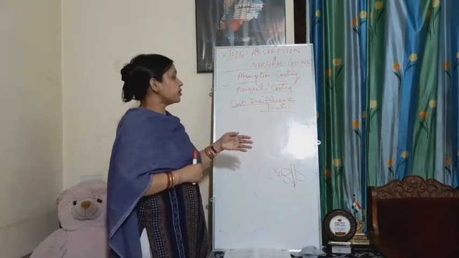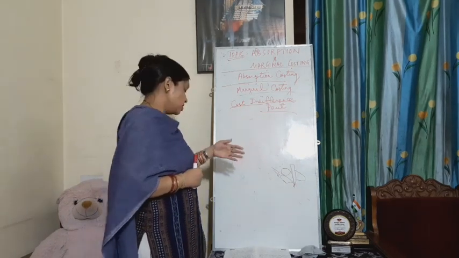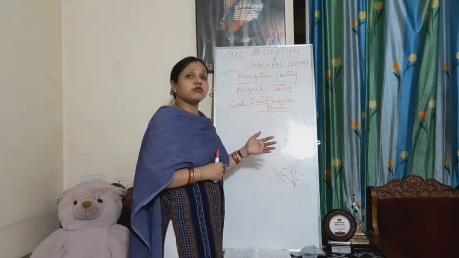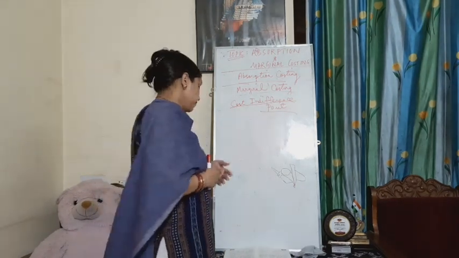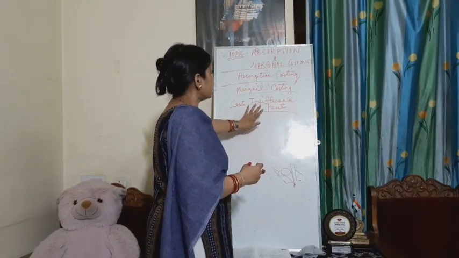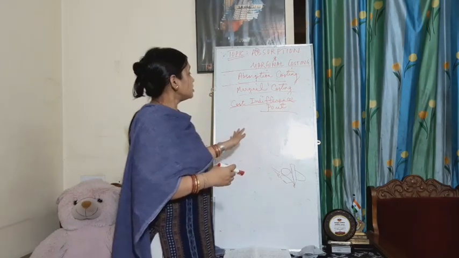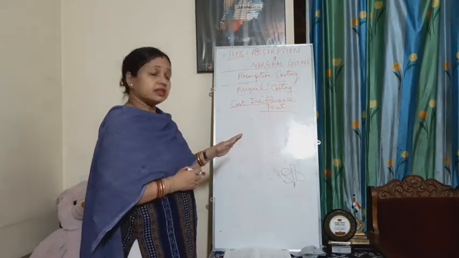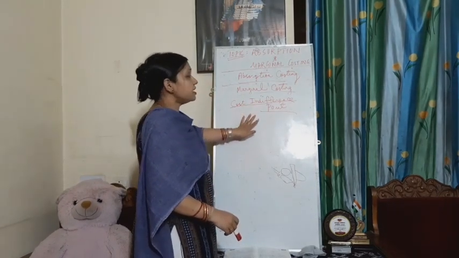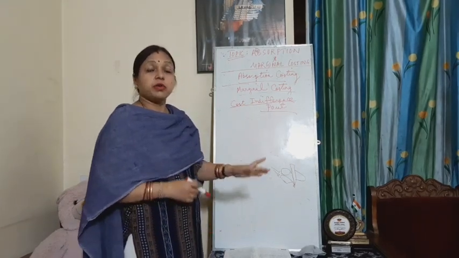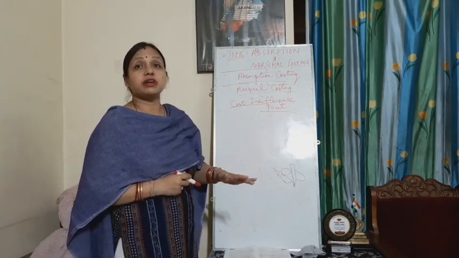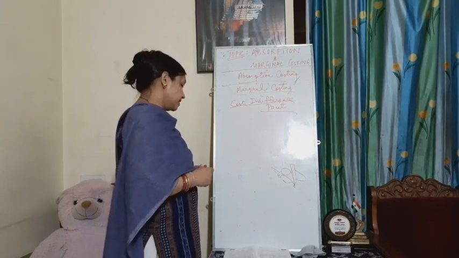Now cost indifference point is that level of volume of sales where the total cost and profits are the same, irrespective of whatever alternative or production we use. So we should not get confused and think that it is the same as break even point. Cost indifference point basically means that point at which the total cost lines of 2 alternative methods of production intersect. But break even point means the point at which the total cost line and the total revenue line or the total sales line intersect each other.